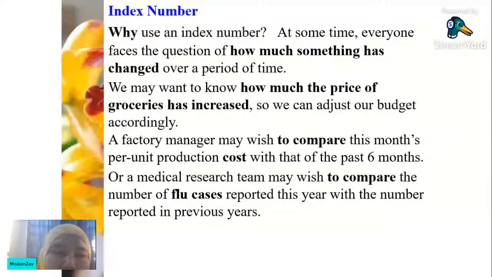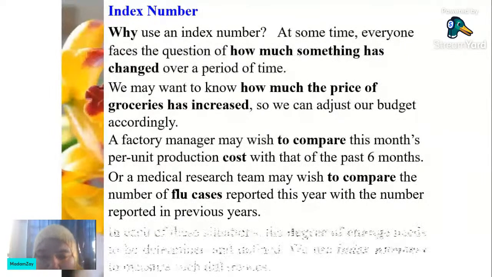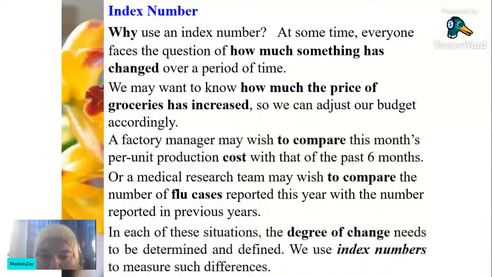Usually the recent cases are about COVID, right? So we will do the comparison. So we have the R0, everything, right? So it's related to index number. In each of these situations, the degree of change needs to be determined and defined. We use index number to measure such differences. Okay, degree of change.